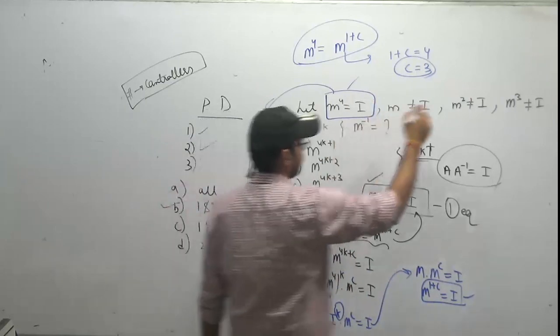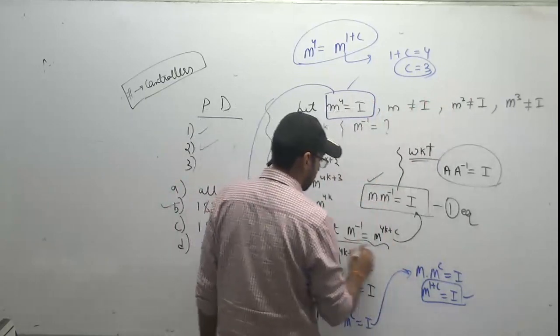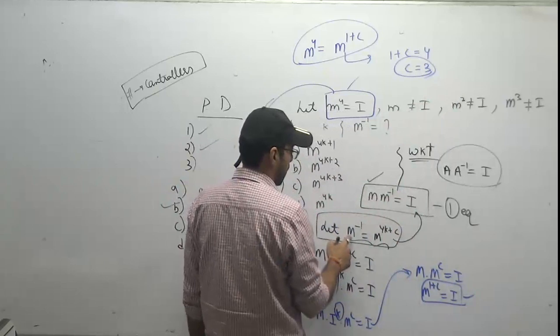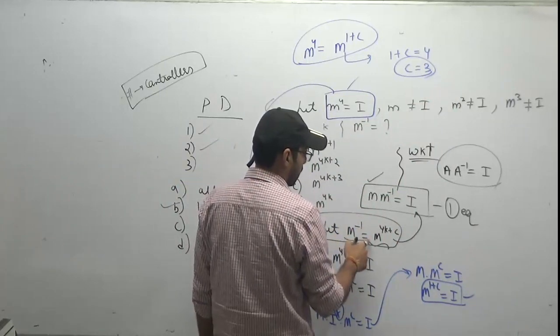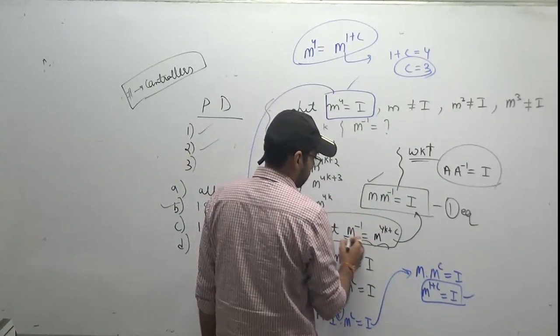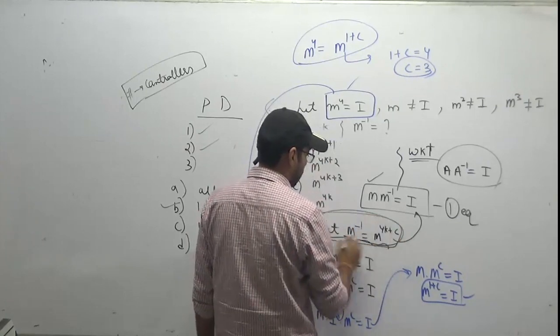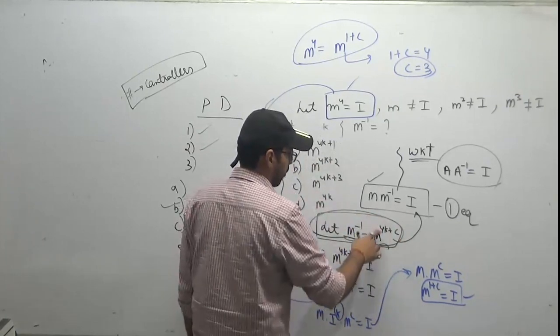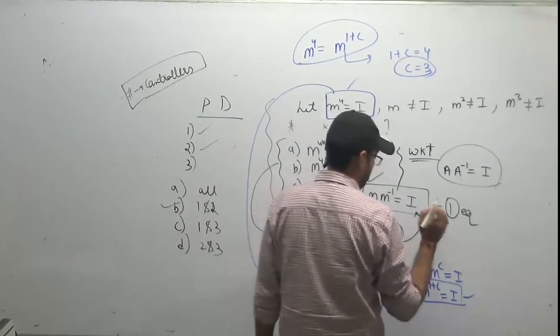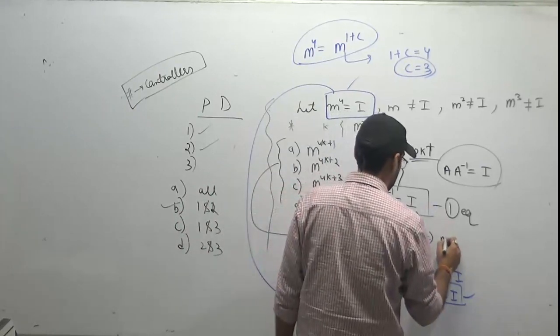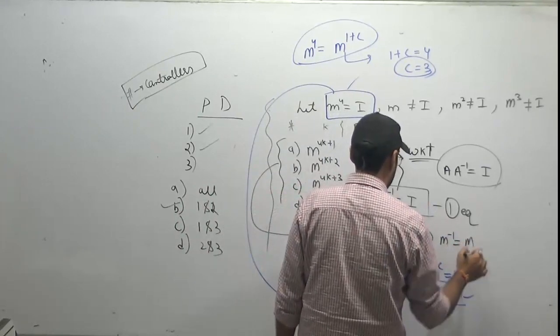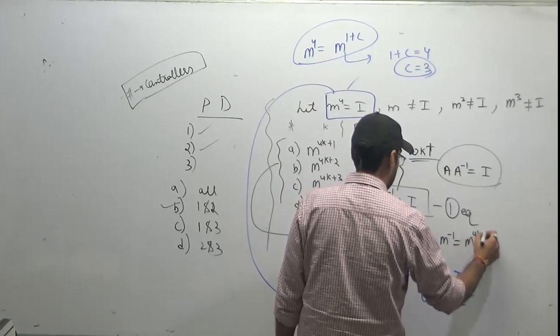Because we assumed M inverse is equal to M power 4k plus C, and we got the value of C, I can write this as M inverse is M power 4k plus 3.